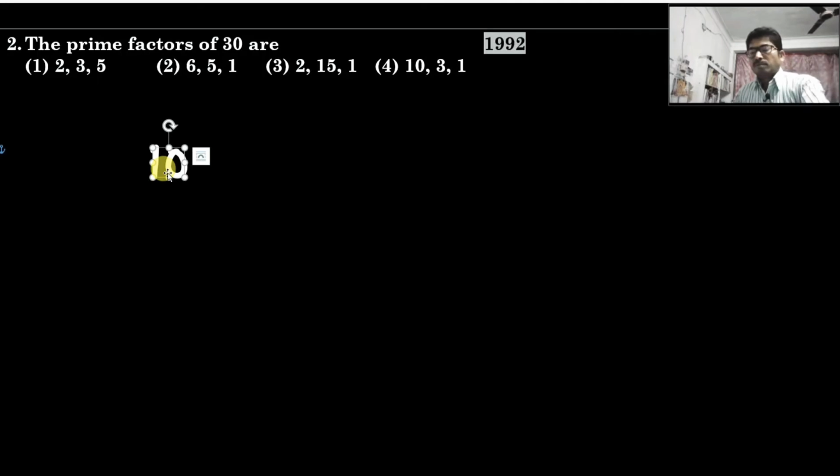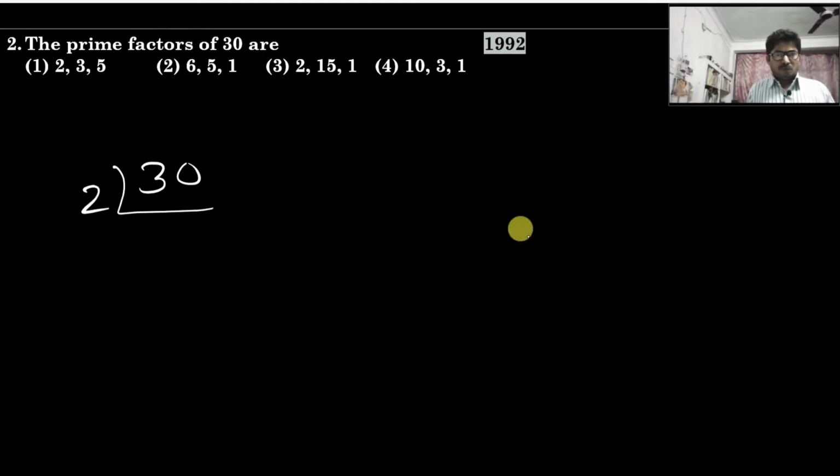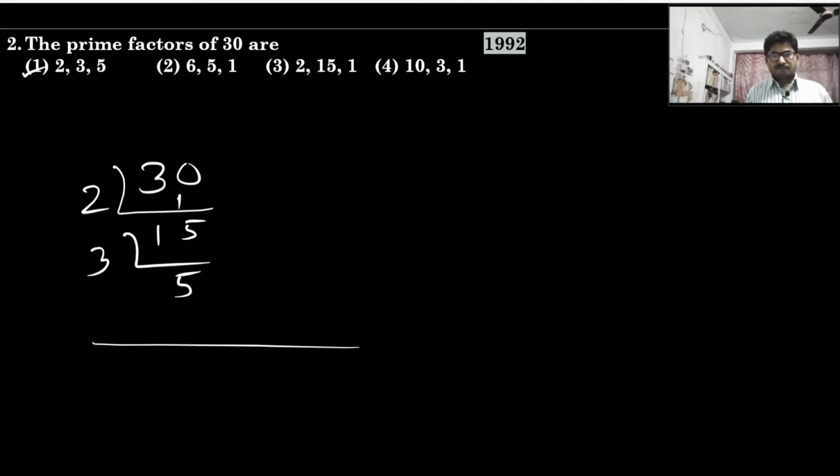We have to divide taking only primes to find prime factors. 30 by 2 is 15, 15 by 3 is 5, 5 by 5 is 1. So 2, 3, 5 are prime factors. The first option is correct.